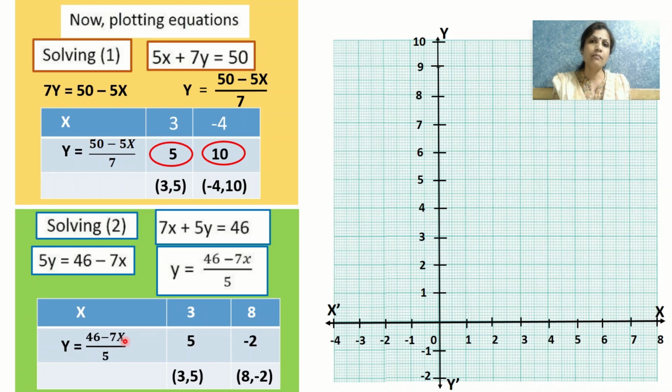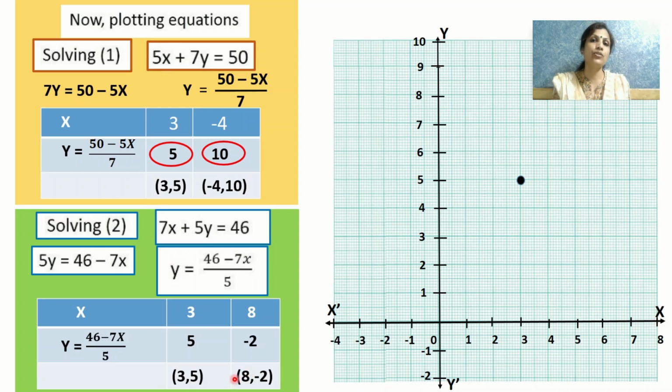So 46 minus 21 is 25, and 25 upon 5 is 5. Then if you substitute x as 8, we get 46 minus 7, 8s are 56, and 46 minus 56 is minus 10, and minus 10 upon 5 is minus 2. So we get the value of y as minus 2.